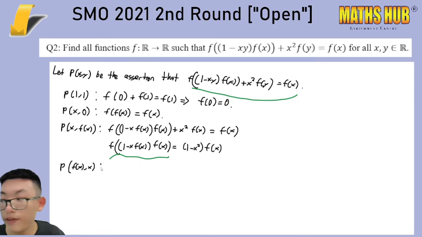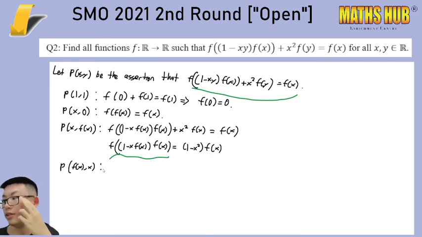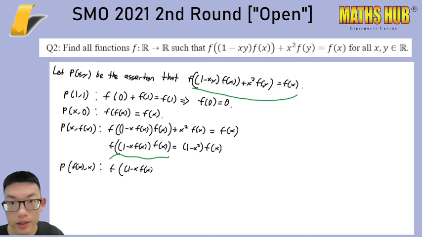Now let's see what happens when we do this. We're going to get f(1 - x f(x)) and f(f(x)), which is still going to be f(x). But what's left over is now going to be different, right? Because I used two different things.